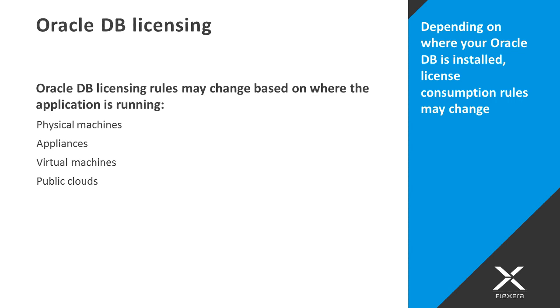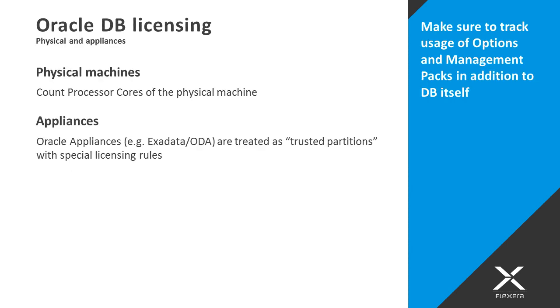The private clouds are just to be seen as the local virtual environments, but public clouds are different to be treated. And the installation license consumption rule may change by where you are running the system on, as a database on.